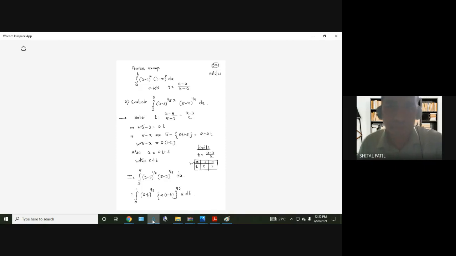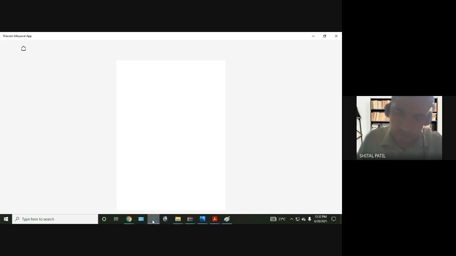Okay, let me change the page. So the integral equal to 0 to 1, 2 raised to half, t raised to half, then again 2 raised to half, (1 minus t) raised to half, into 2 dt.